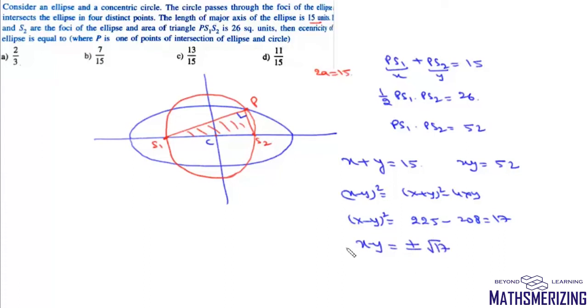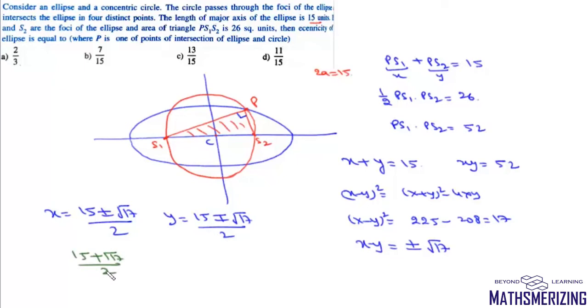Now we'll add them, we'll get X as 15 plus minus root 17 by 2, and we'll subtract, we'll get Y as 15 minus plus root 17 by 2. So it simply means focal radius, one of them must be (15 plus root 17) by 2, say this is PS1, and the other one should be (15 minus root 17) by 2.